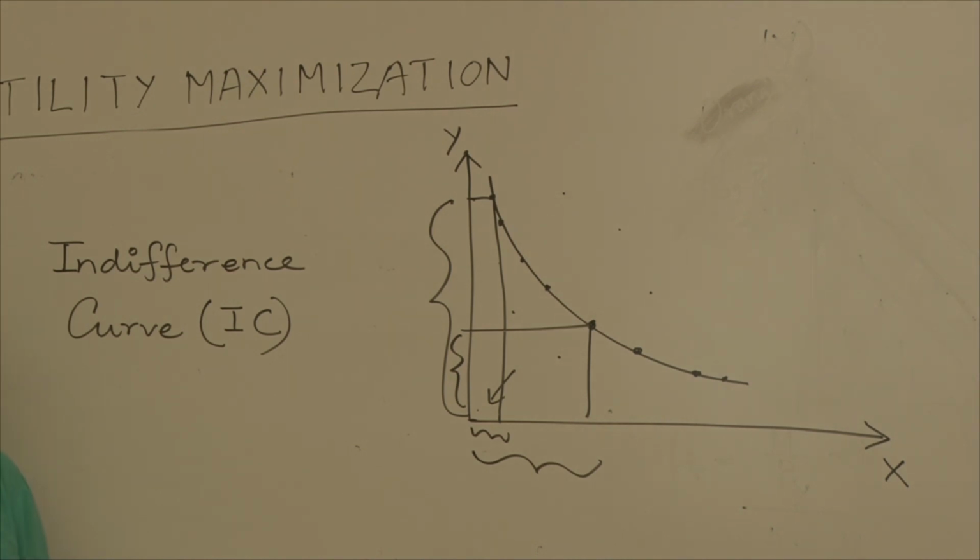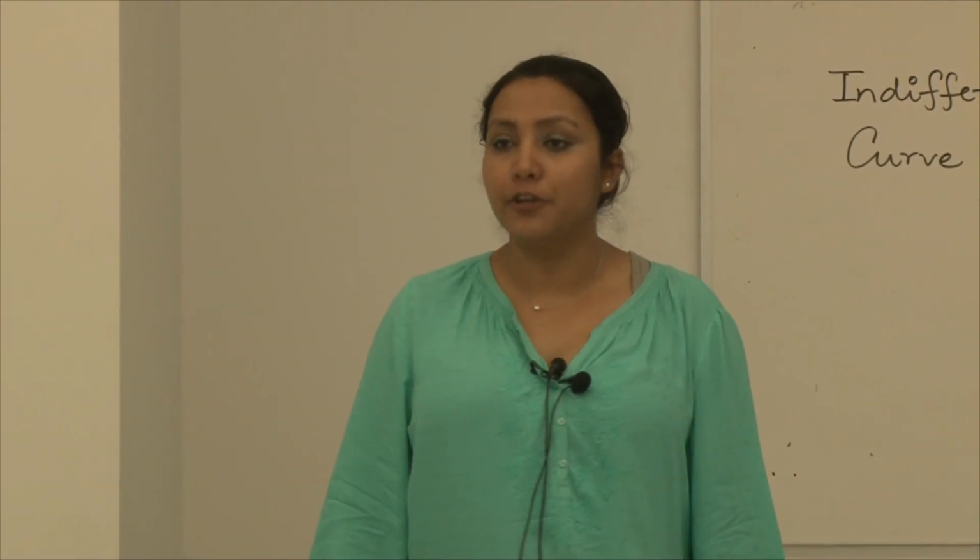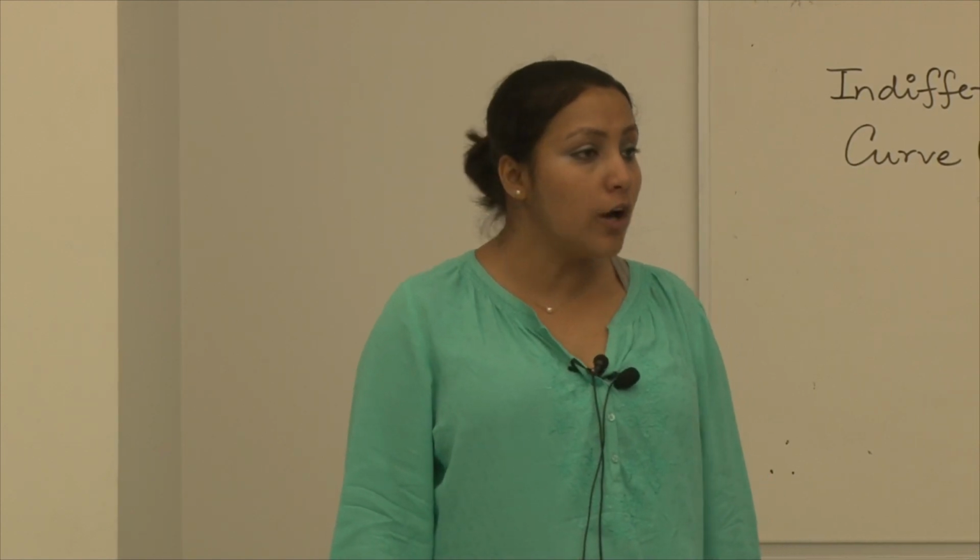That is what it means. So, it just shows the preference of the consumer such that all points on one particular indifference curve just show the different consumption bundles for which a consumer is indifferent. The consumer does not have a strict preference.